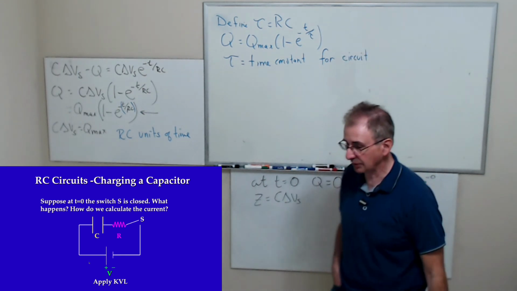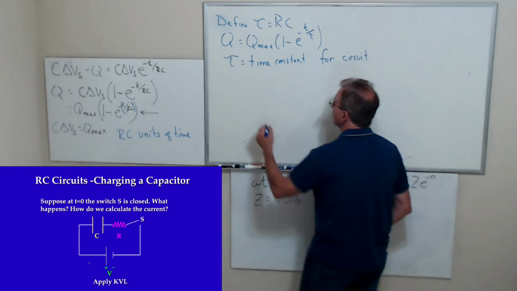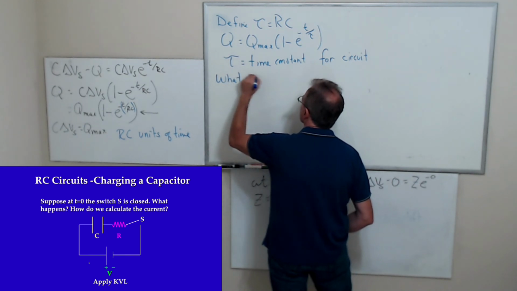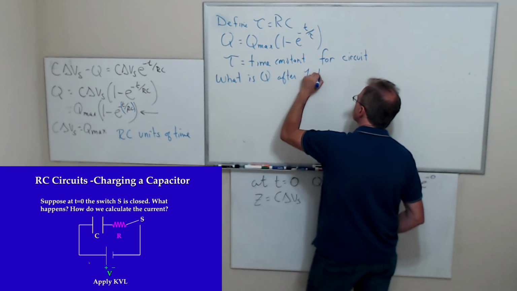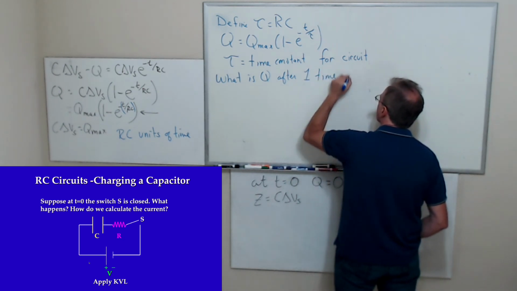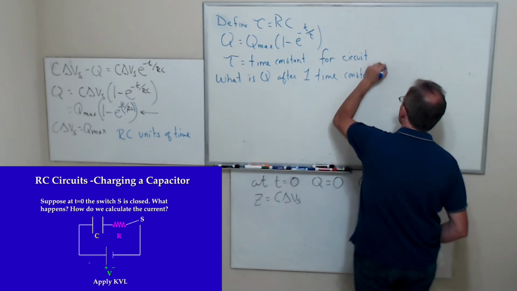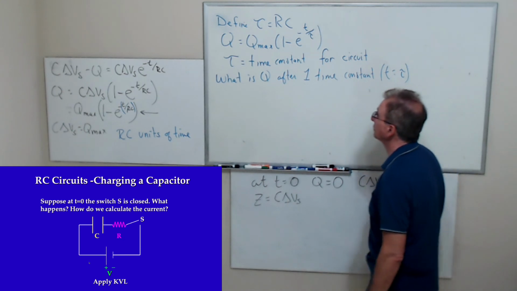Okay, tau is the time constant for the circuit. So the question you can ask is, what is Q after one time constant? Meaning t equals tau, or t equals RC.